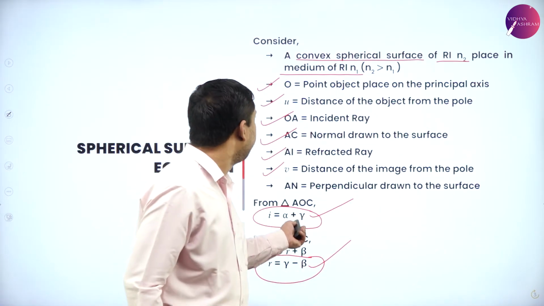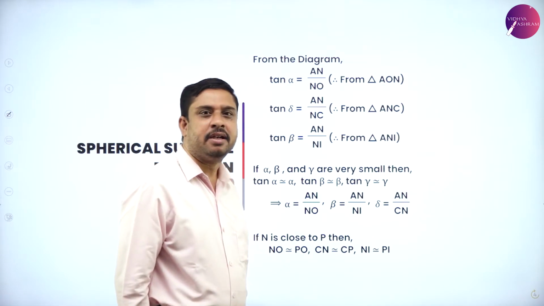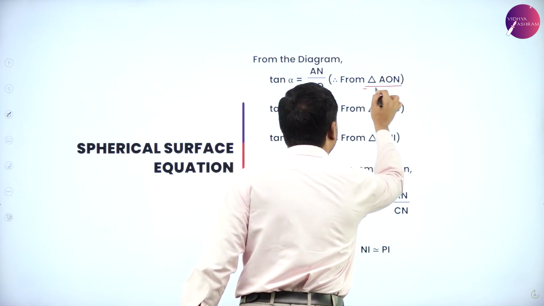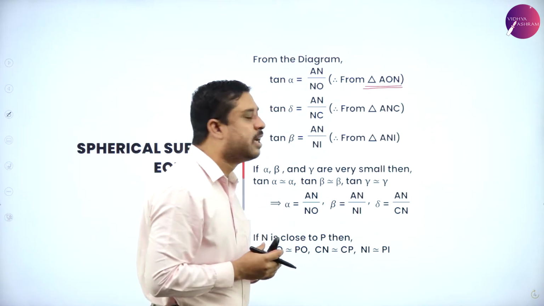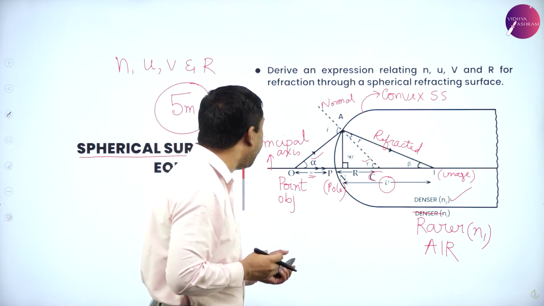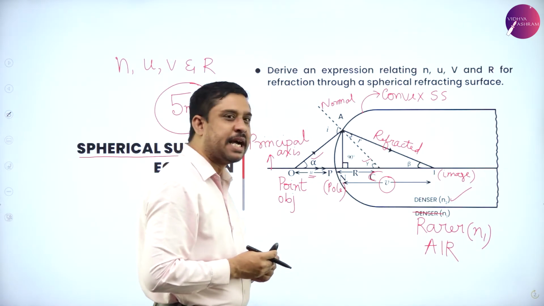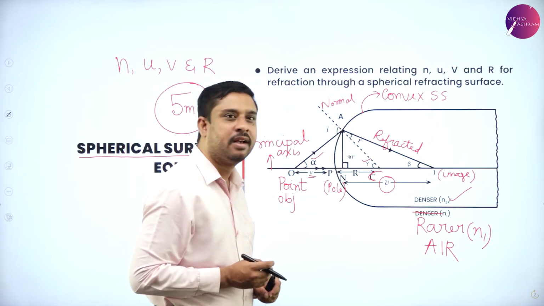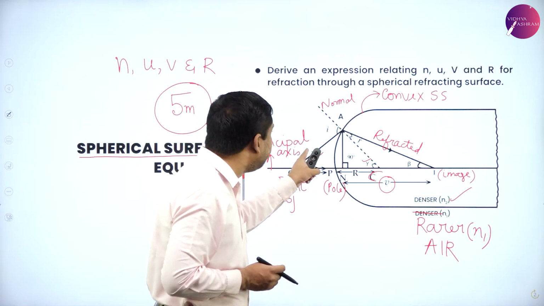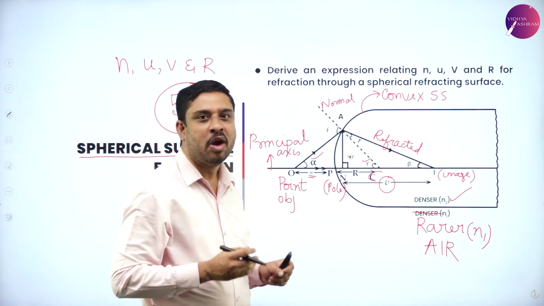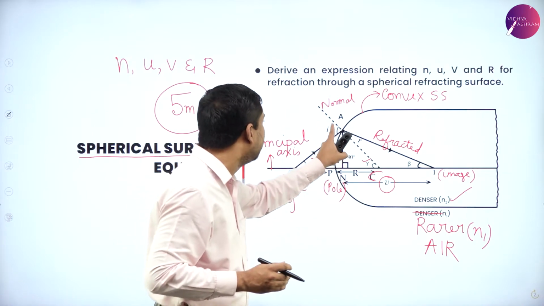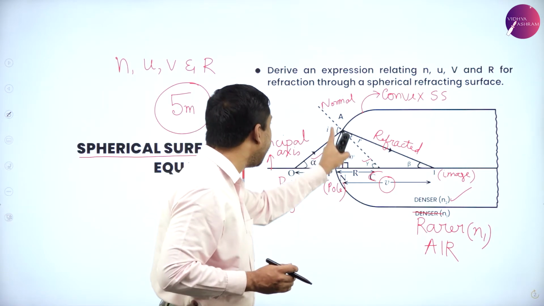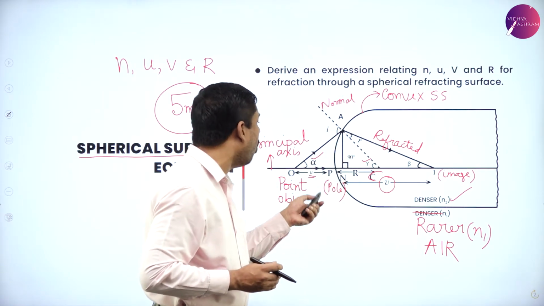Now, continuing my discussion, first, from the triangle AON, defining tan alpha as opposite by adjacent, AN divided by ON.